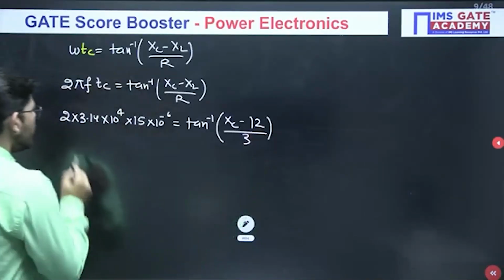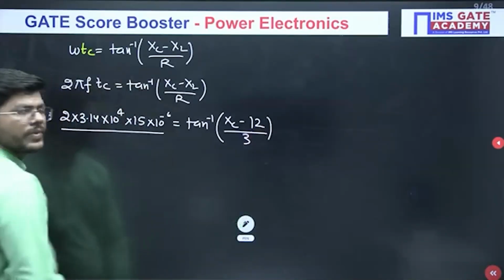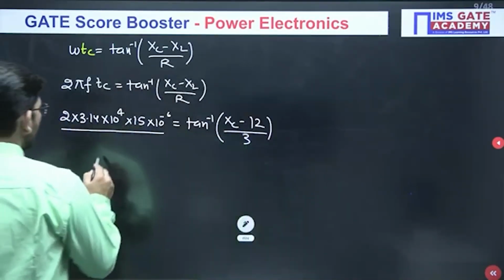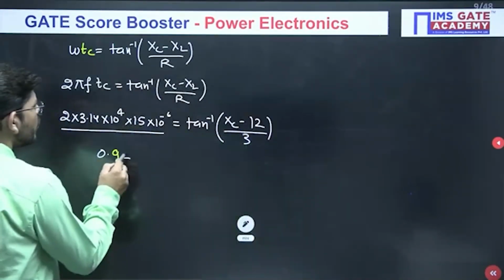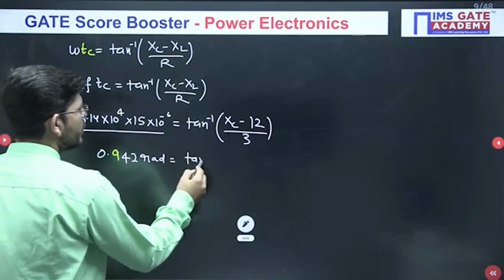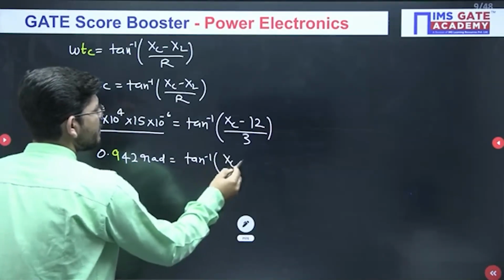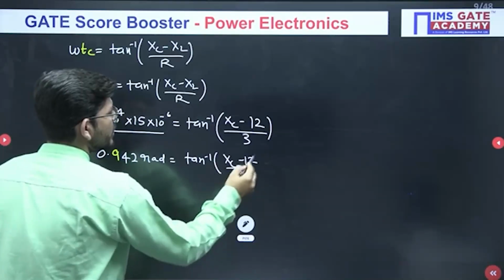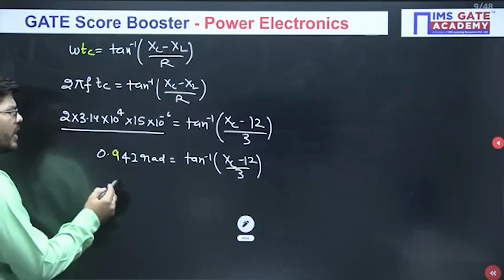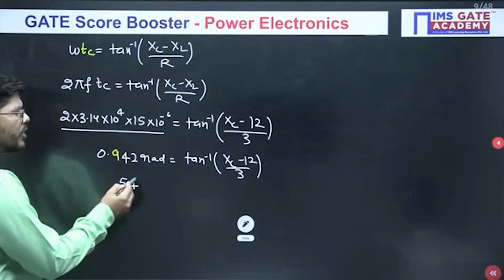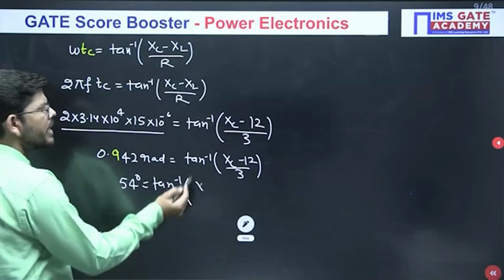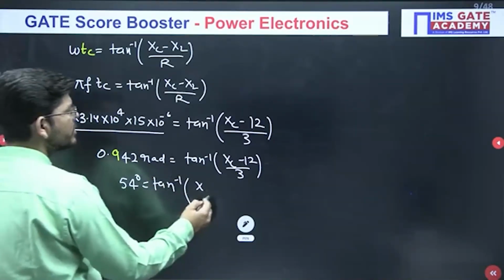When you solve this, you get 0.942 radians, which equals tan inverse of (XC minus 12) upon 3. The value you get is in radians. When you convert this into degrees, it becomes 54 degrees. Don't forget this step, because if you directly take tan of the radian value, it will be wrong.